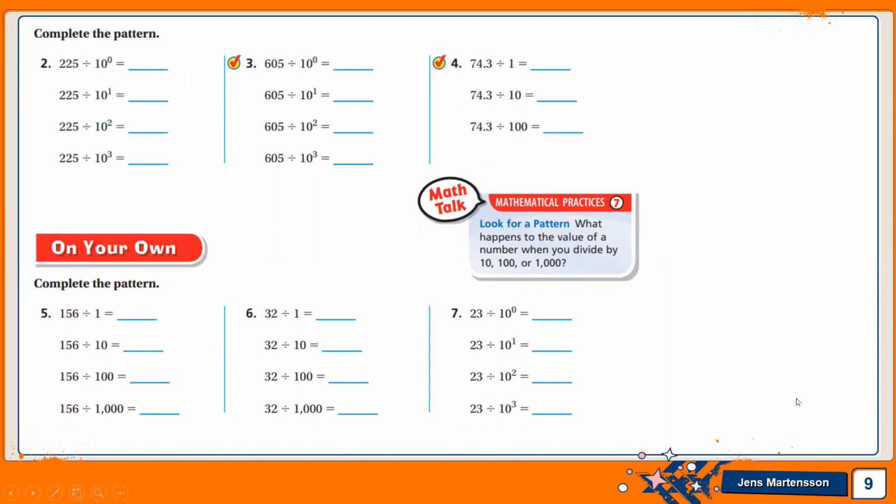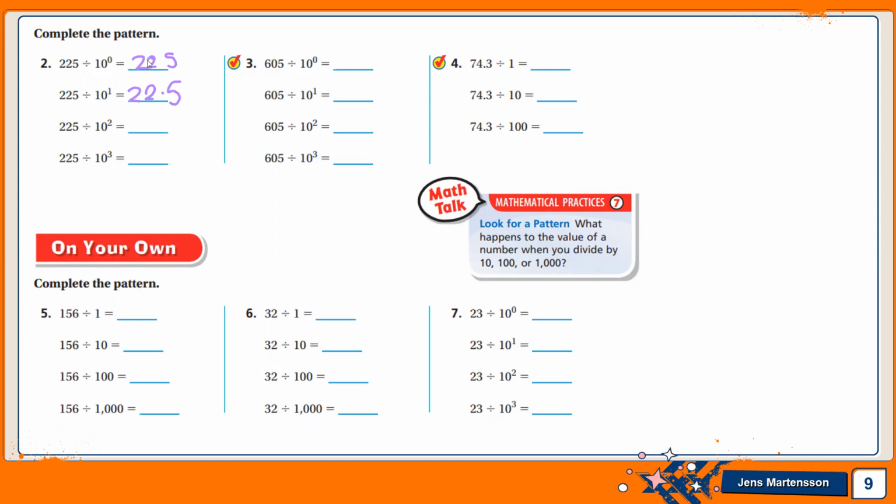Now, Malak. Malak Anas. Yes, Malak. Now, number 2. 225 divided by 10 to the power of 0. 225. Thank you. The second one. 225 dividing by 10 to the power of 1. Bravo.